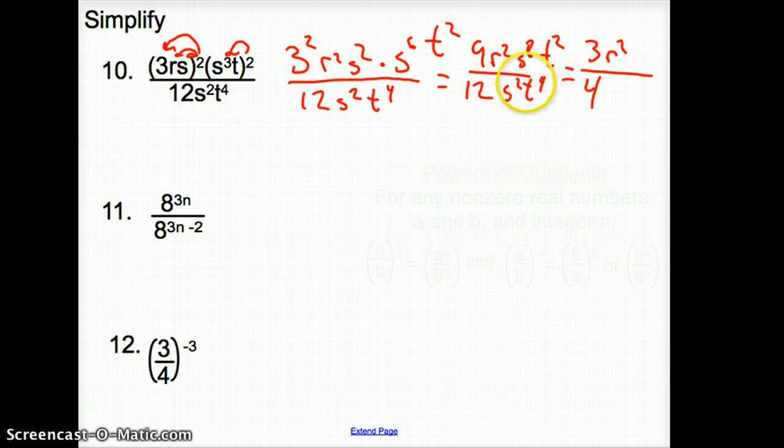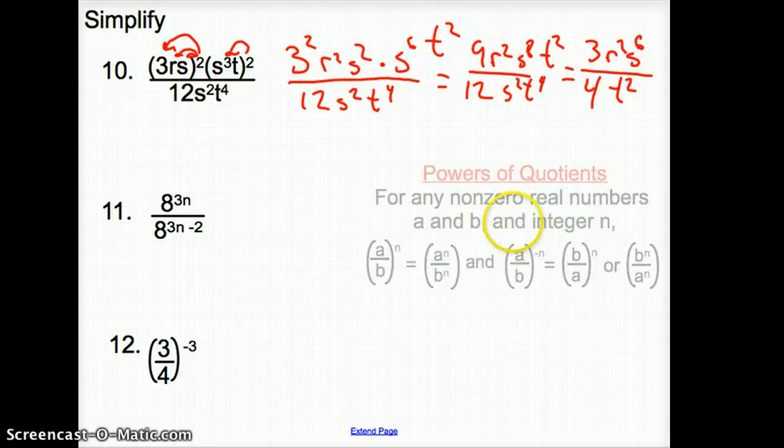Here we have 8 minus 2, so it's going to be s to the 6 on top, and then t squared minus this 4, so on which side do we have more t's? We have more on the bottom, so it's going to be t squared on bottom, leaving it 3 r squared s to the 6 all over 4 times t to the second.